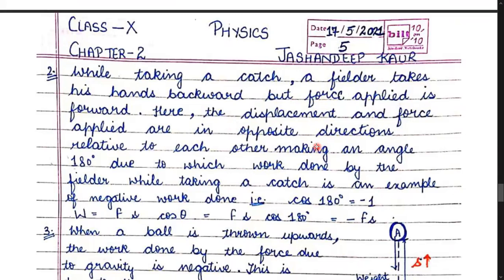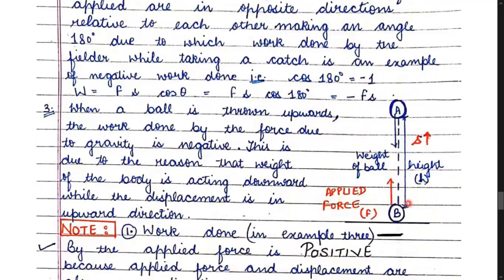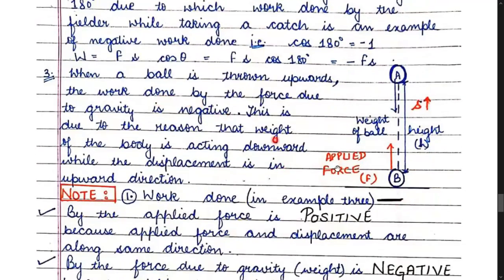Here the displacement and force applied are in opposite directions relative to each other, making an angle of 180 degrees, due to which work done by the fielder while taking a catch is an example of negative work done, that is cos 180 is -1. Similarly, when a ball is thrown upward, the work done by the force due to gravity.